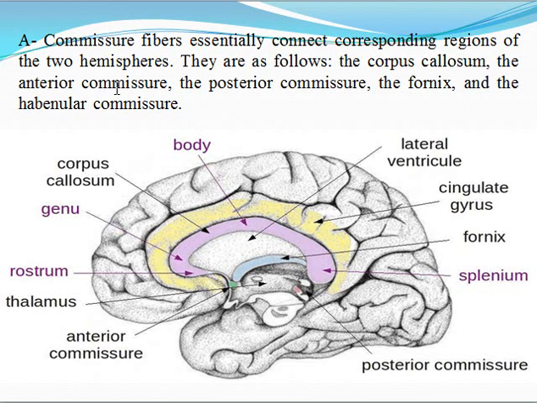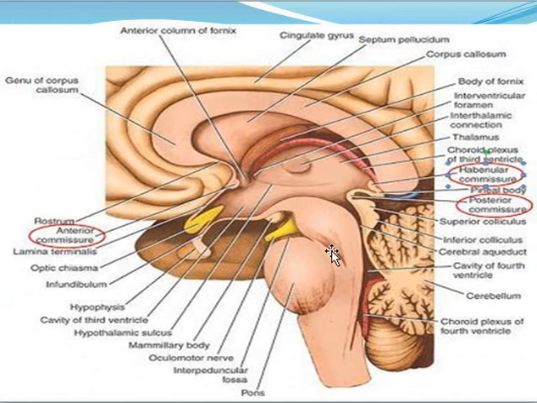Now, the anterior commissure, this is the anterior commissure area, connects both hemispheres in the area of the lamina terminalis, and the posterior commissure, this slide shows the posterior commissure at the superior part of the opening or canal that connects the third ventricle with the fourth ventricle, named the cerebral aqueduct.